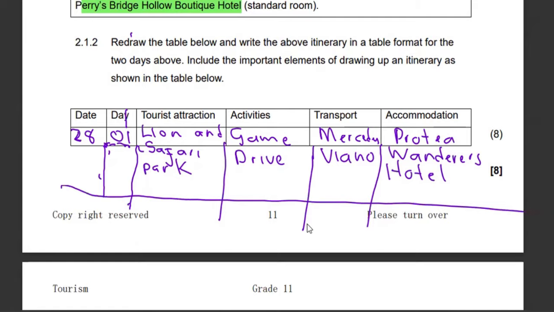Now moving on to day two. Day two will be the 29th. There are two attractions. They'll go to God's Window, then they'll go to the Kruger National Park.